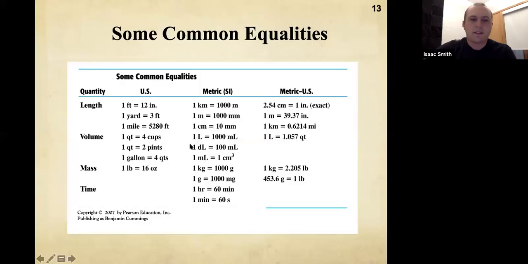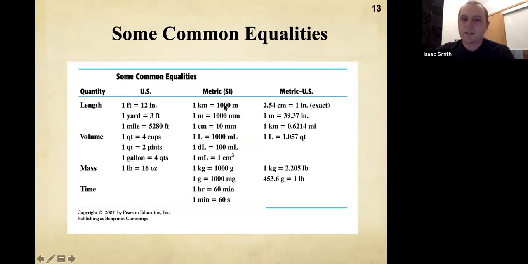So let's go over this. Let's say you're converting from feet to inches. Those are in the US imperial system, so these are going to be exact numbers. If you're converting between yards and feet, same. Miles and feet, like we just did, same system, so they're considered exact numbers.